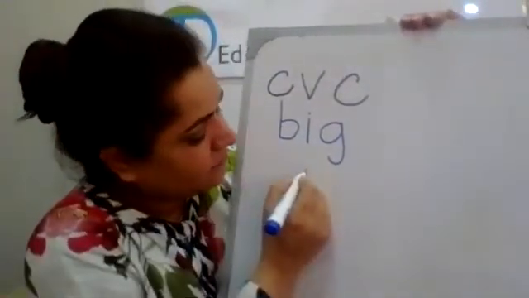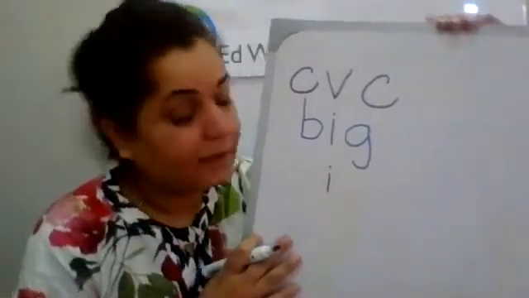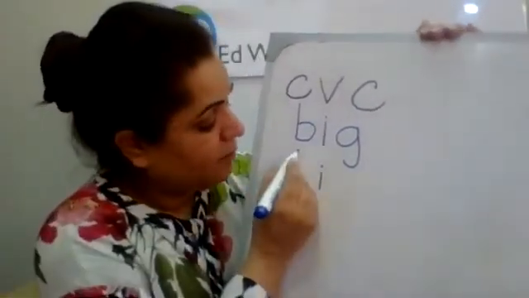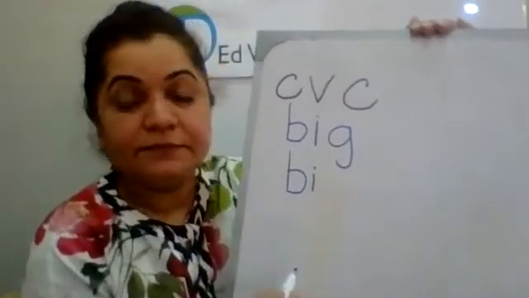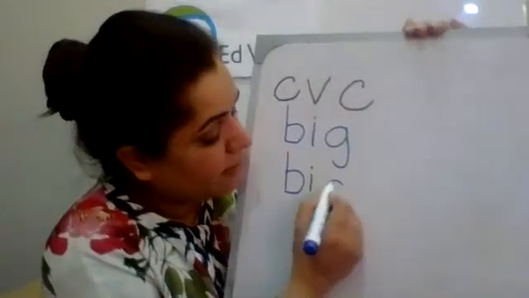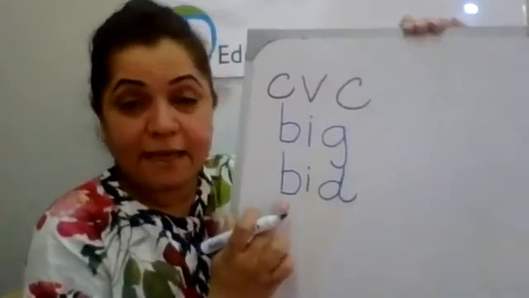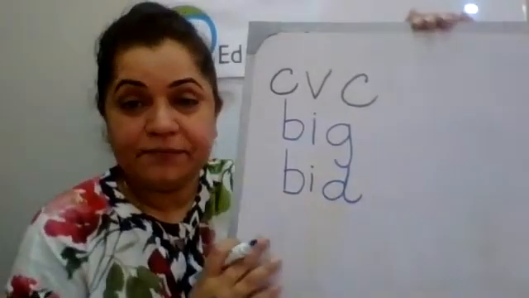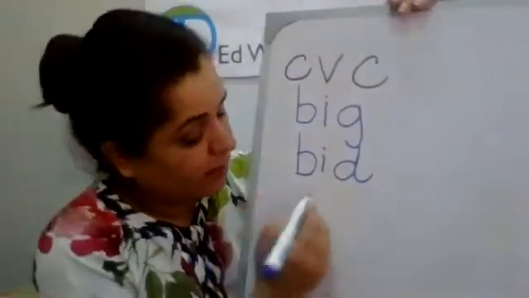Okay, another word. Again, B, I. Now we're going to put D. Yes, B-I-D, bid. Now another word.